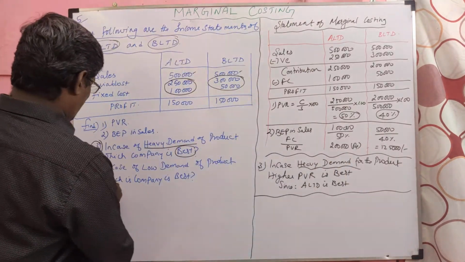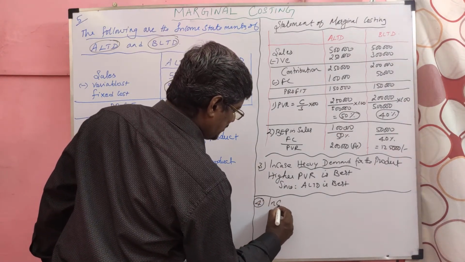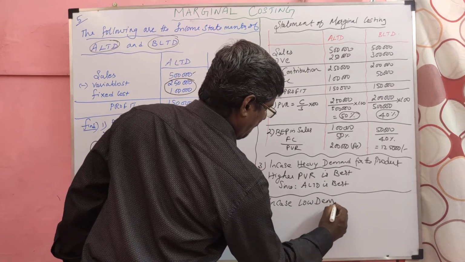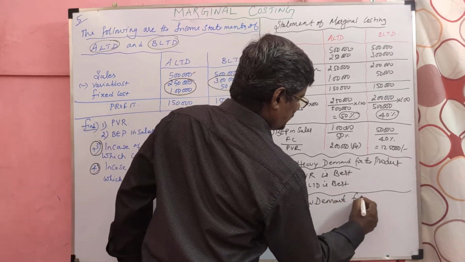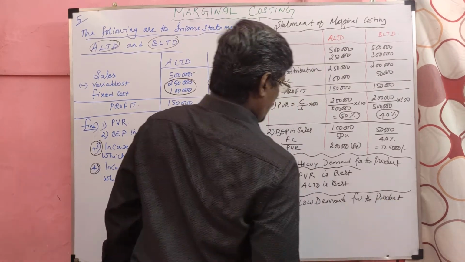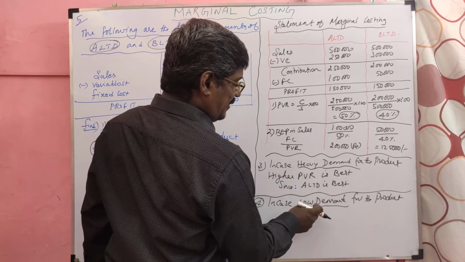Likewise, the fourth question they are asking is important. In case of low demand for the product, there are no sales, less sales. Earlier we had high sales, heavy sales; here low sales.